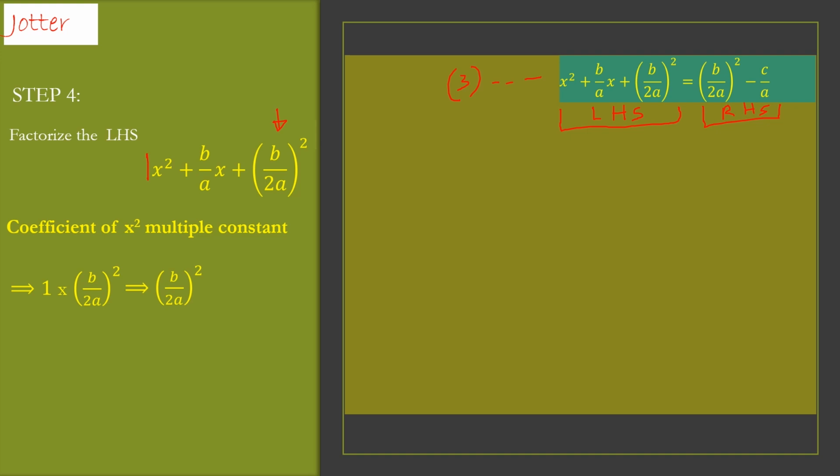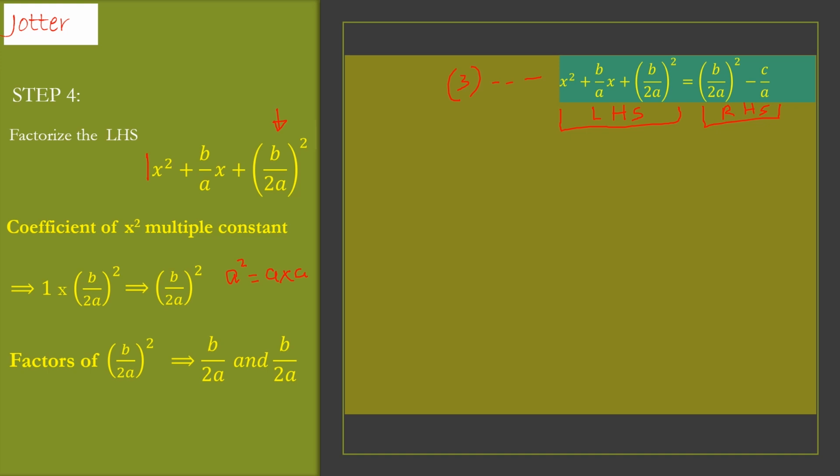We want to find the factors of this product. Looking at it, a squared gives us a times a. That is, the factors of a squared will be a and a, that is a twice. Also here, the factors of b over 2a squared will be b over 2a and b over 2a, that is b over 2a twice.